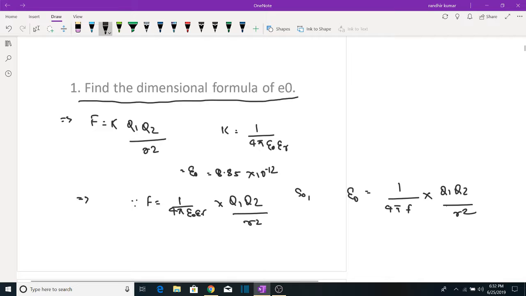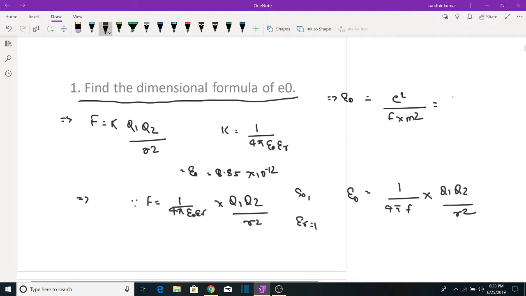If epsilon r equals 1, the dielectric constant or relative permittivity, then epsilon naught equals Coulomb's square upon force into meter square. Now write the dimension formula for epsilon naught.